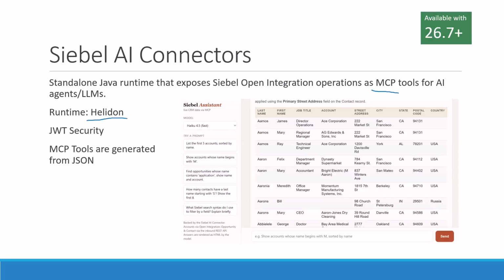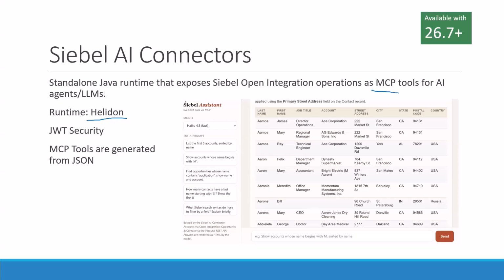That MCP server that you have runs on Helidon. Maybe you remember Helidon from previous Siebel Fridays or Siebel Hub trainings. Helidon is also used in open integration and in the data archival feature. So Oracle is really pulling that a lot recently, and for good reason. It's a very good, very fast Java microservice. I think there's a slide coming up on that.